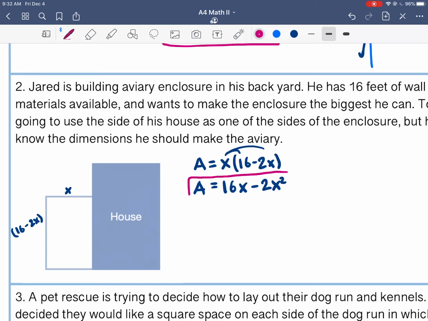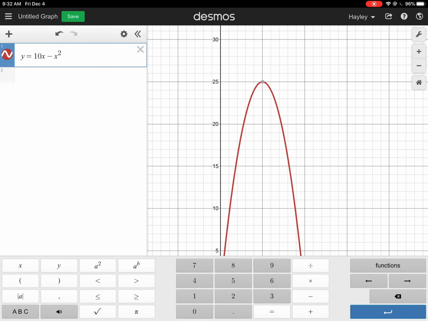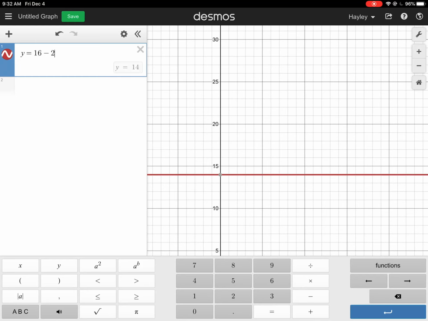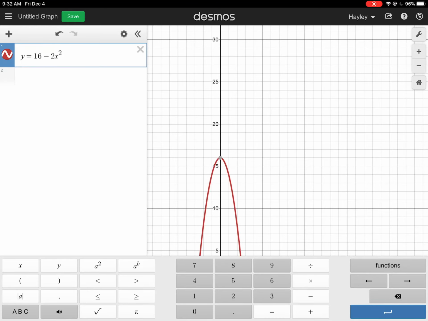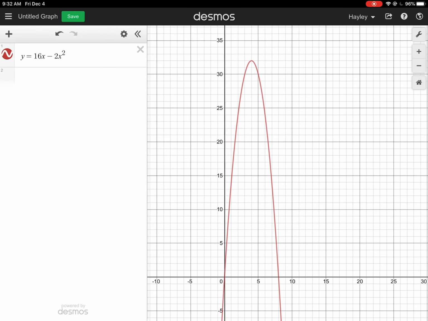And this is a quadratic. That's what I'm going to stick in my calculator or a graph using my Desmos application in my case. So I'm going to replace this with 16 minus 2x squared. Oops, not 16, 16x. There you go. That's better.